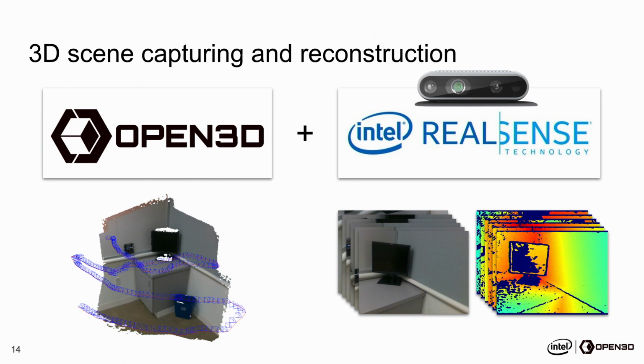The job for the RealSense is to take RGB image and depth image, and the job of Open3D is to reconstruct the scene. So we do a toy example here, just for illustration. But we have used Open3D in larger scale scenes, as we will see in the coming videos.